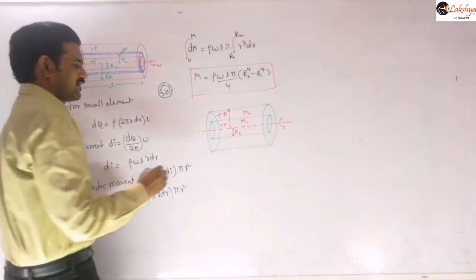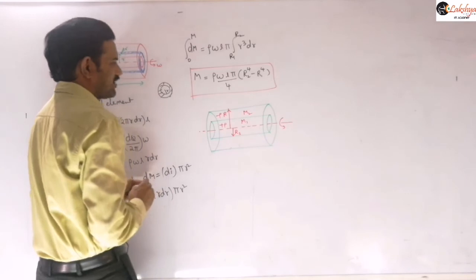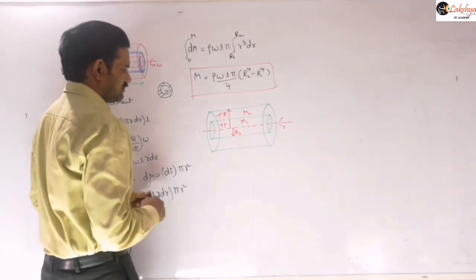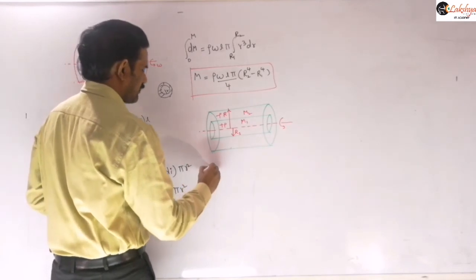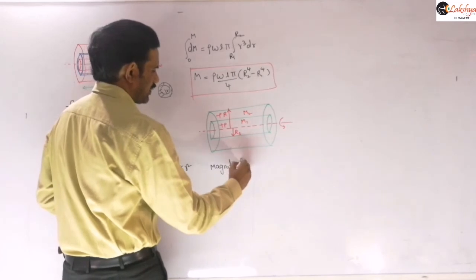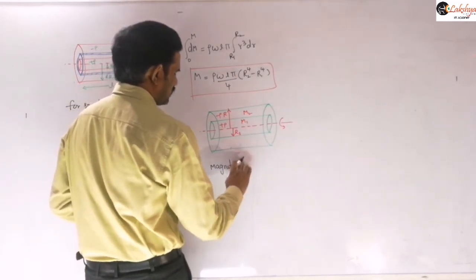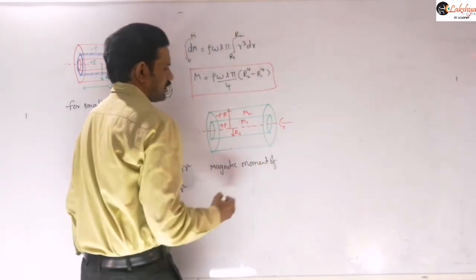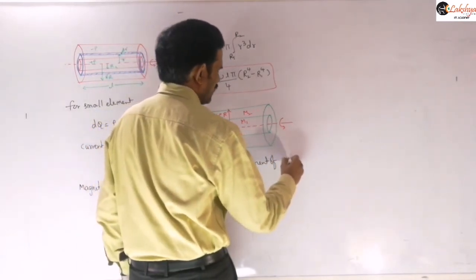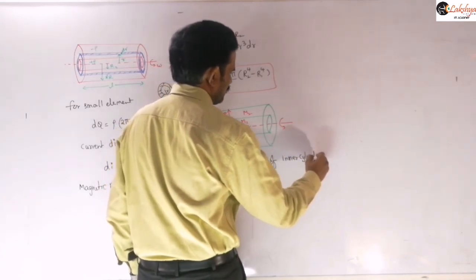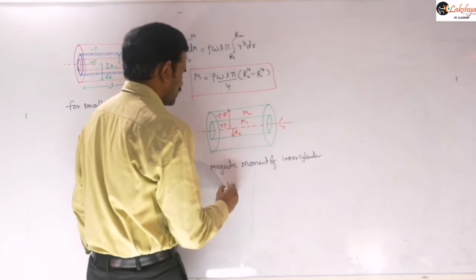So the magnetic moment of the inner one, let us write here first. From the previous discussion, magnetic moment of inner cylinder, let it be m1.